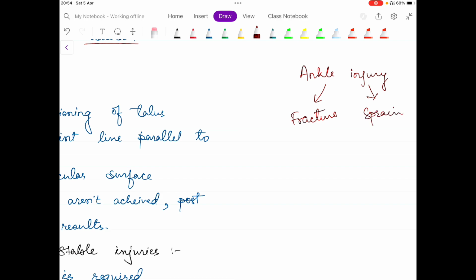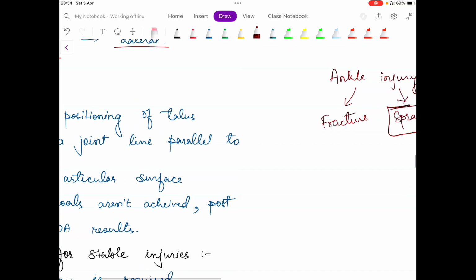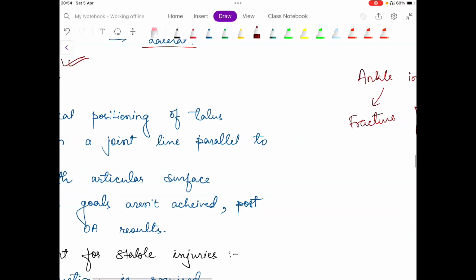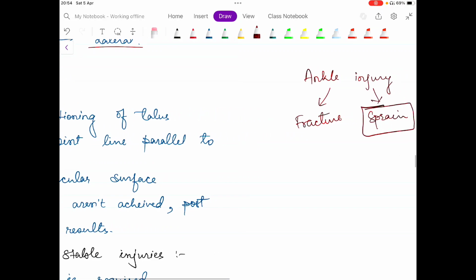About ankle sprain, I'll make another video and discuss the PT management for the ankle sprain or the ankle ligament injury. But in this video, I have discussed the treatment of ankle fracture. But you should watch the previous video first because both of these videos are interrelated.